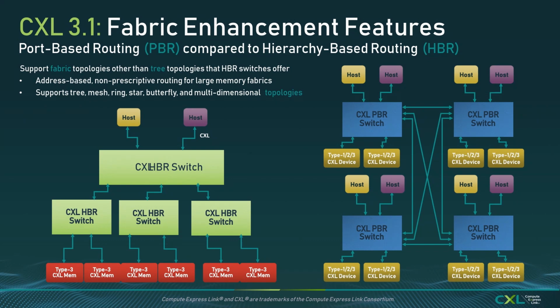Okay, so talking about the details of fabric, let's start with the picture of the hierarchy on the left side of the slide, which is showing HBR switches. HBR switches were part of the CXL 2.0 definition, and these switches are built on the idea of a tree-based hierarchy, and every link has an upstream and a downstream direction, so things flow, from a hierarchy point of view, in a top to bottom, bottom to top direction.